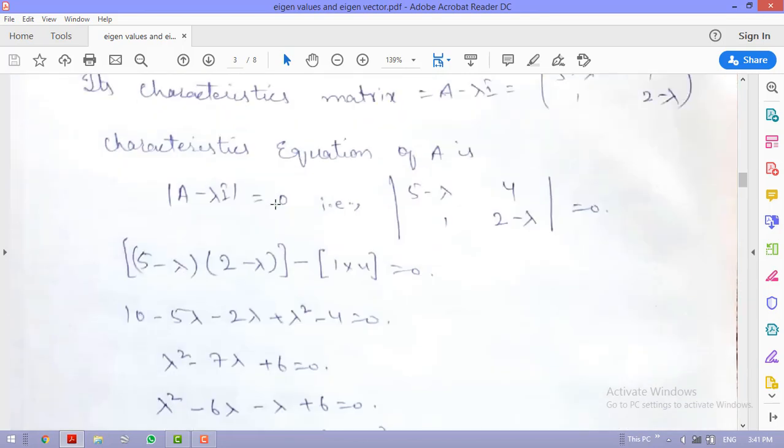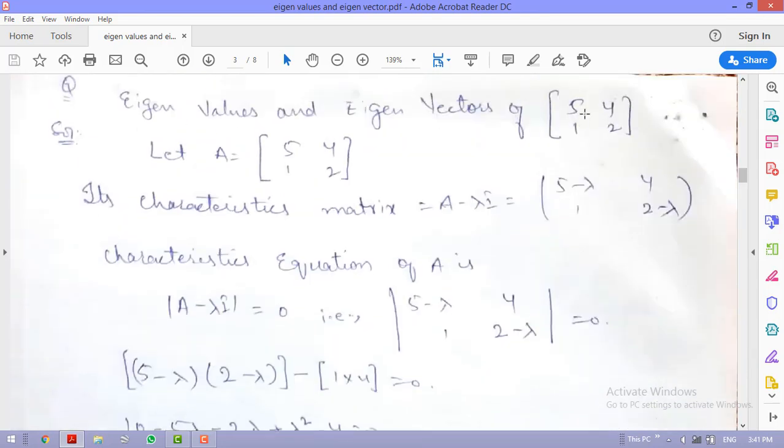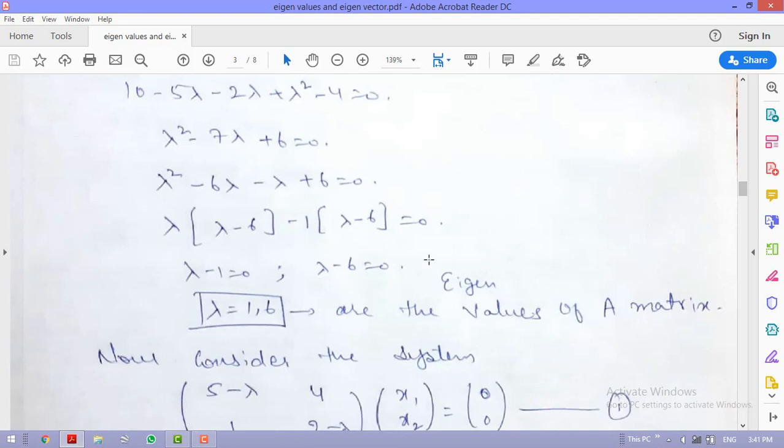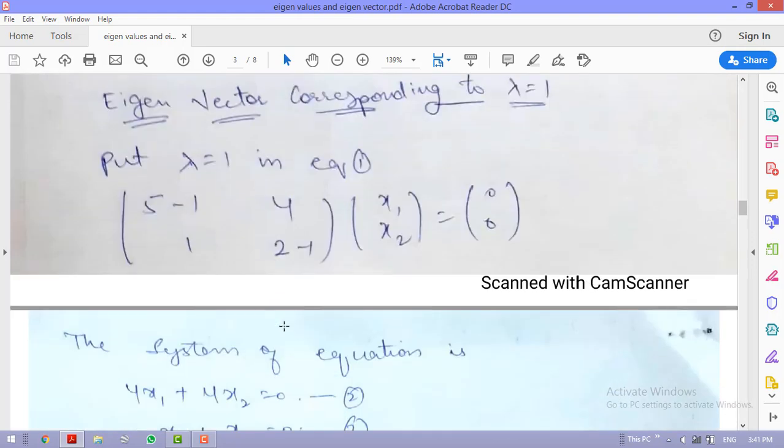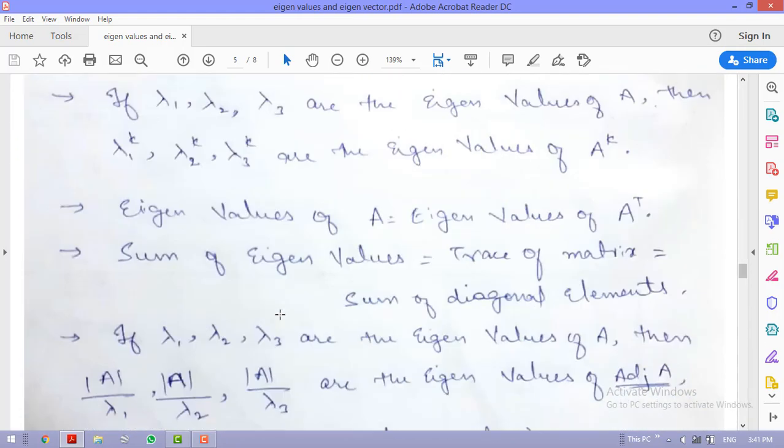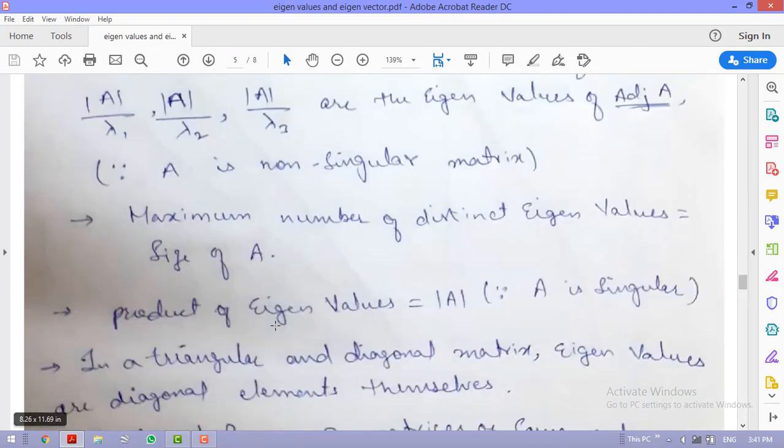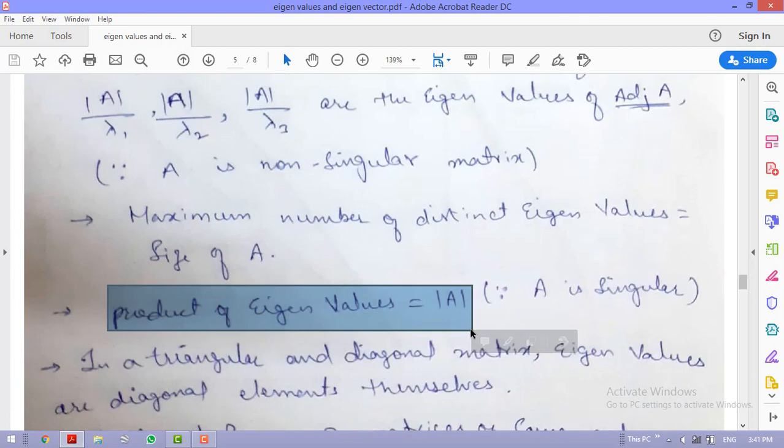Then if you take the determinant of this particular matrix, 5 into 2 is 10, minus 4, so 10 minus 4 is 6. So here you can see that the determinant of A is 6, and the product of the eigenvalues is also 6. Okay, so I hope you got this property, that the product of eigenvalues is equal to the determinant of A, where A should be a singular matrix.